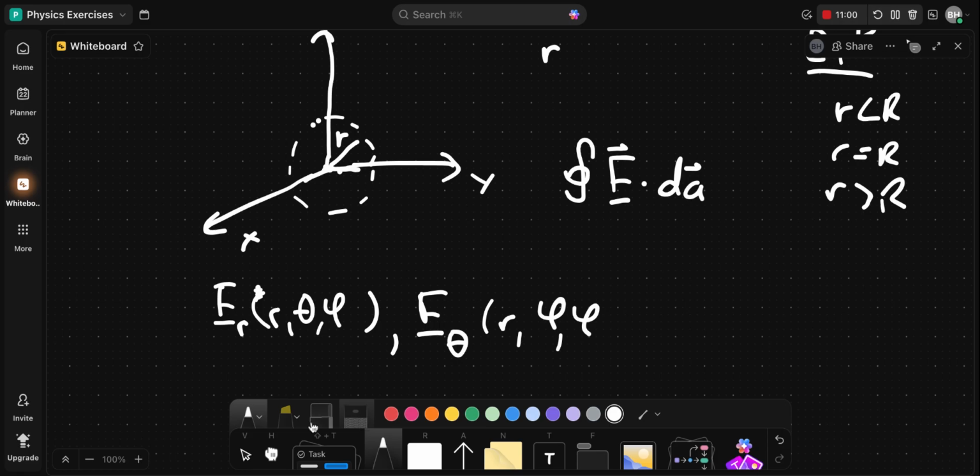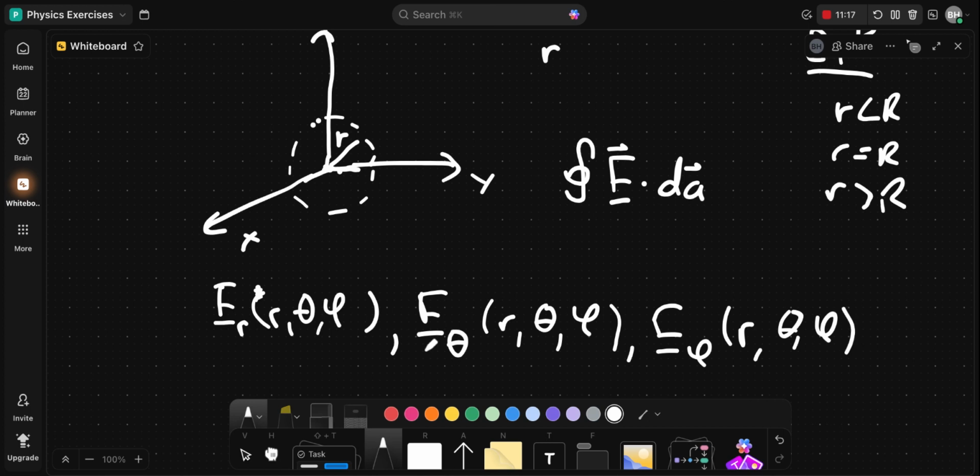Sorry, this should have been a theta, not a phi. It could, in principle, have a theta direction also. A priori, we cannot exclude it, but the symmetry here allows us to exclude some of these things.